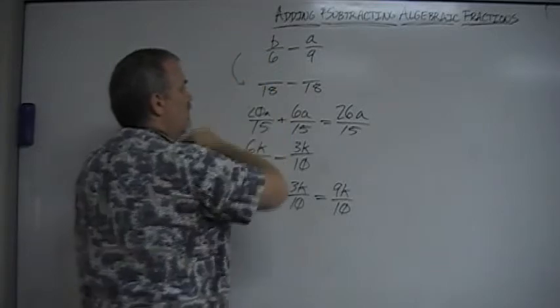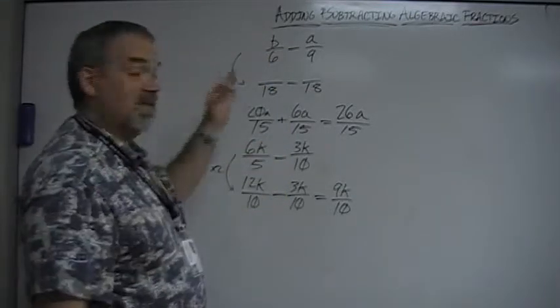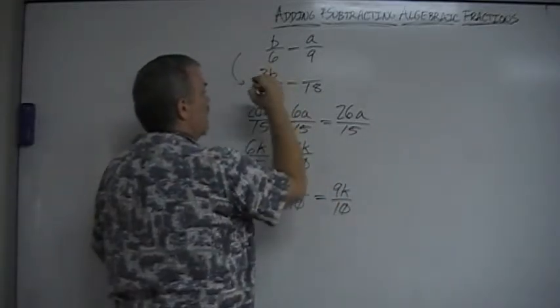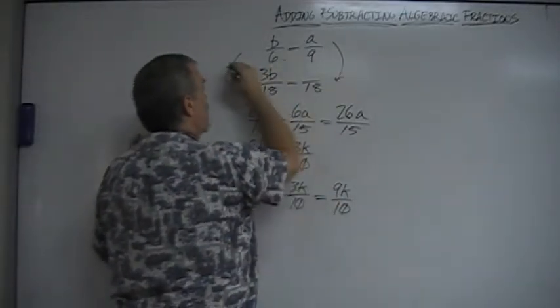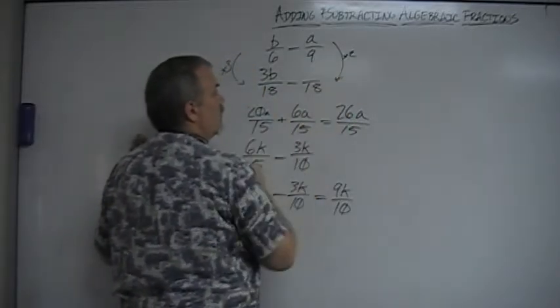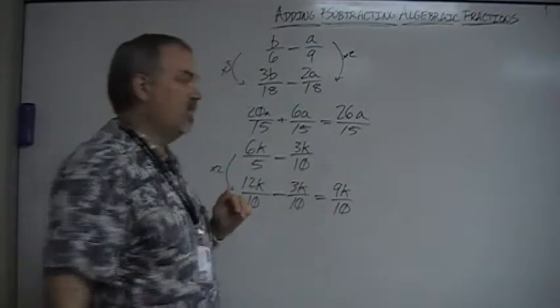What did we do here with the bottom? Multiplied by 3. So we're going to multiply the top by 3. Make that easy, 3b. What did we do over here? We multiplied by 2. So we're going to multiply the top by 2. Okay?